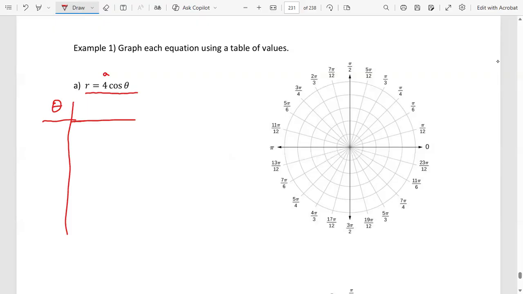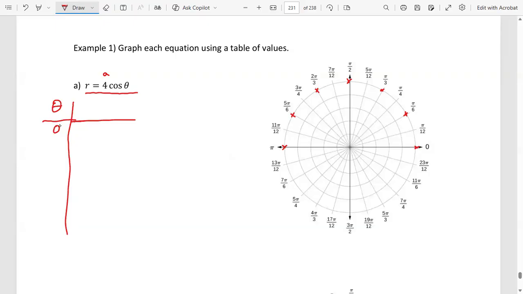It's easier to only replace angles from 0 to pi, like 0, and I prefer to just go by multiples of pi over 6, which means pi over 6, pi over 3, only these points. If you want, you can replace other points as well, but it just takes more time. We can just have these points and graph the equation.